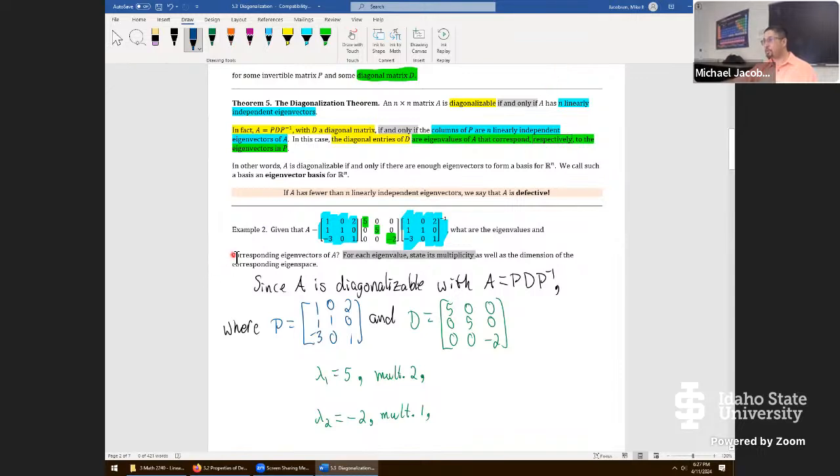Next, let's get the corresponding eigenvectors of A. Now we have to be kind of careful. If we're talking about lambda 1 equals 5, and it shows up in column 1 and column 2, the corresponding eigenvectors would be column 1 and column 2 as well. So we'll say here, v1 equals [1, 1, -3], and v2 equals [0, 1, 0] correspond to lambda 1.